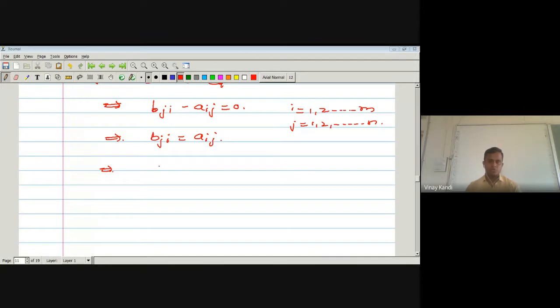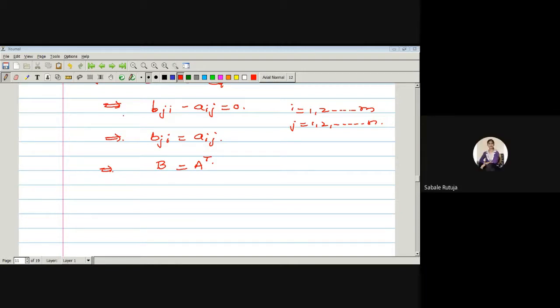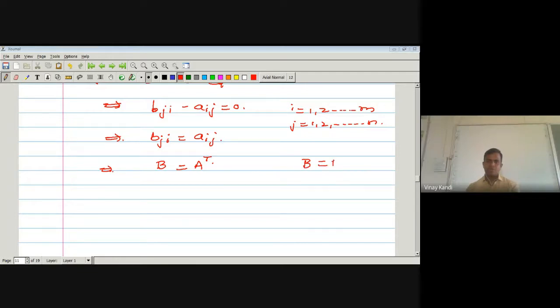This one is matrix P, and this one is A transpose. Any doubt? No, sir. Okay, B means Bij, A means Aij. Is it correct? So B transpose will be Bji. Okay, or you can also write it like this.